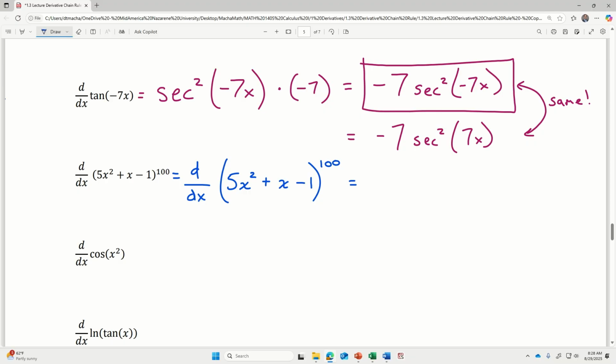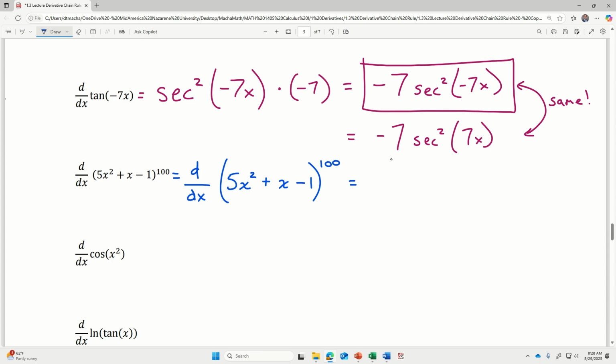Everything in the parentheses? Yeah. My outside function is x to the 100 power, right? What's happening on the outside of the parentheses is this 100 power.